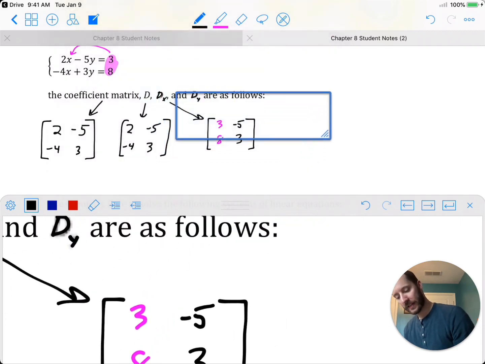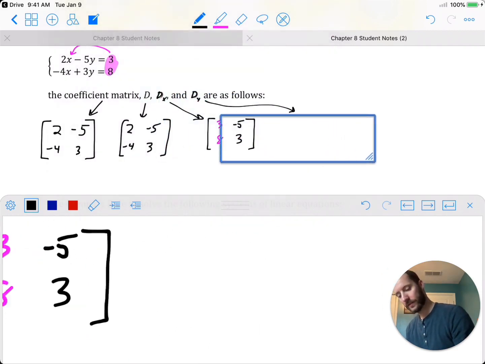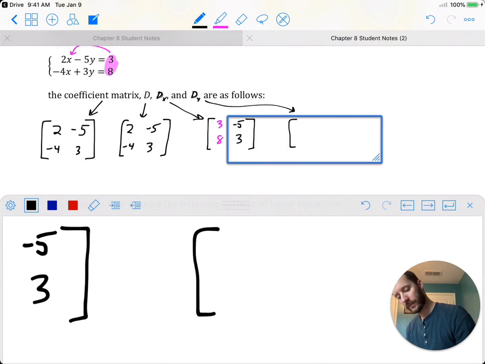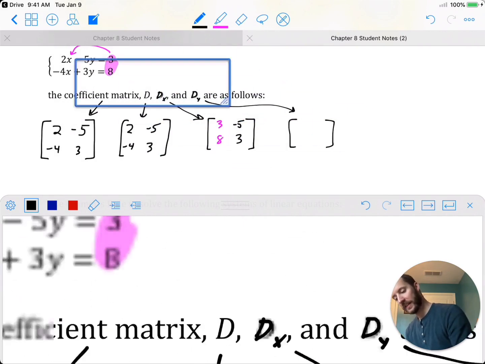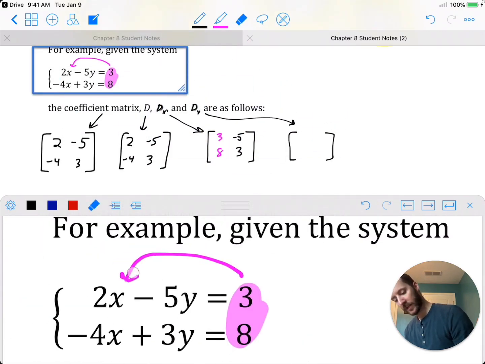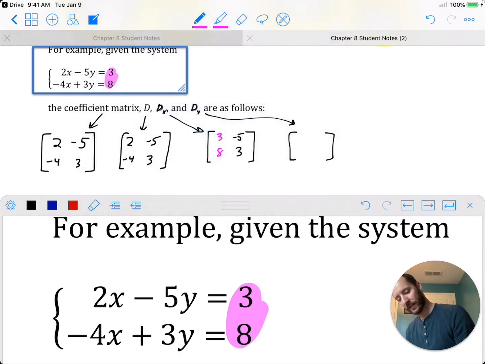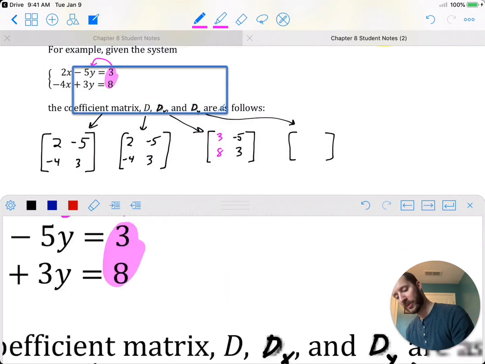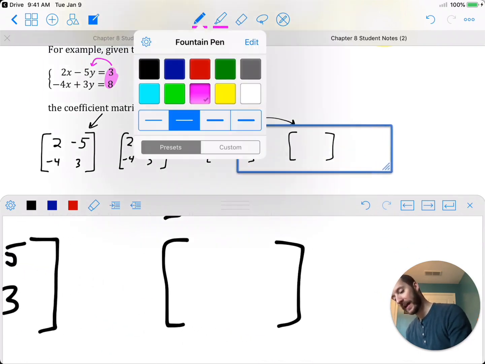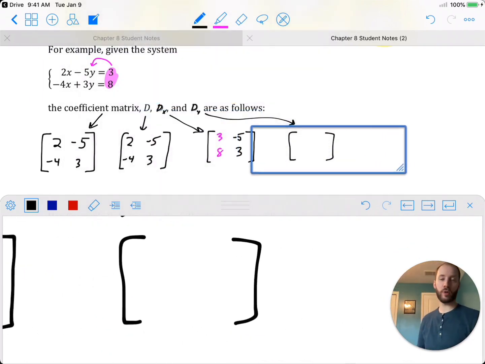To create D sub y, it's the same kind of thing, but now the constants are going to replace the y coefficients.